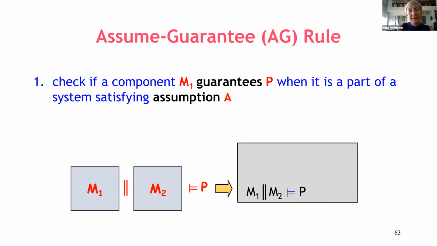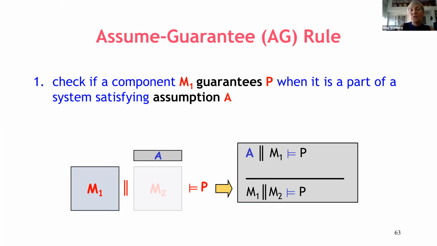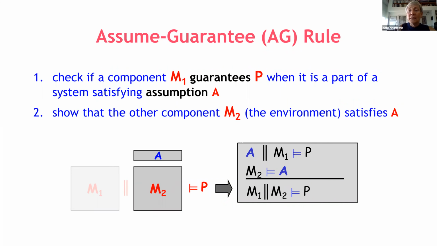The goal of this rule is to verify that M1 composed with M2 satisfies the specification P. In order to do that, it replaces M2 with a small assumption, which is actually another automaton, but a small one, and checks whether M1 composed with A satisfies P. On the other hand, it also checks whether this assumption faithfully describes M2, which actually means that every behavior of M2 appears in A. And if the two premises hold, then M1 composed with M2 satisfies P.